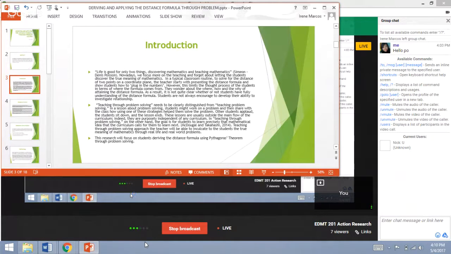They always wonder about the where, why, and how of attaining the distance formula. As a result, it is not quite clear whether students have a full understanding of the distance formula. Students are not always encouraged to develop their ability to investigate relationships.